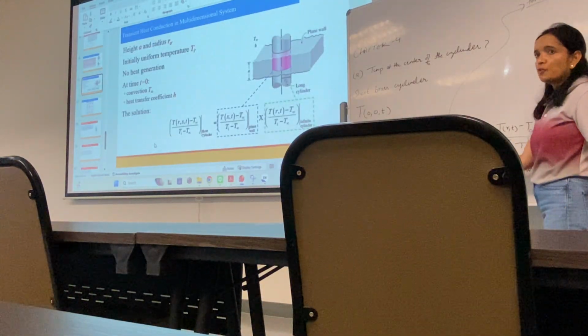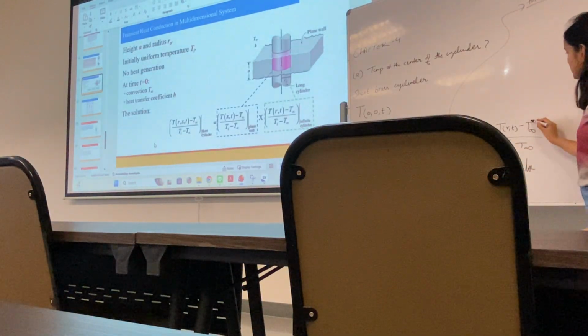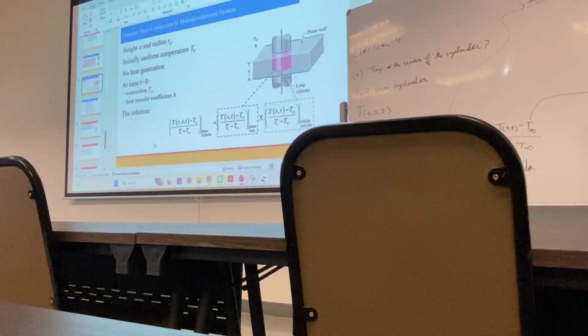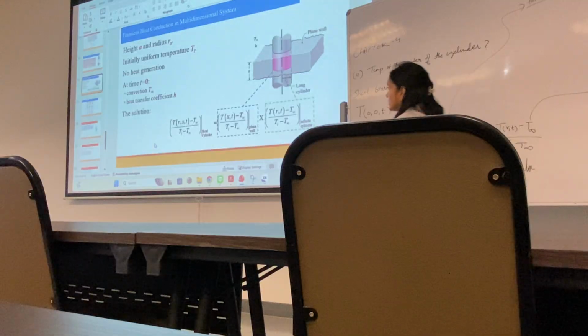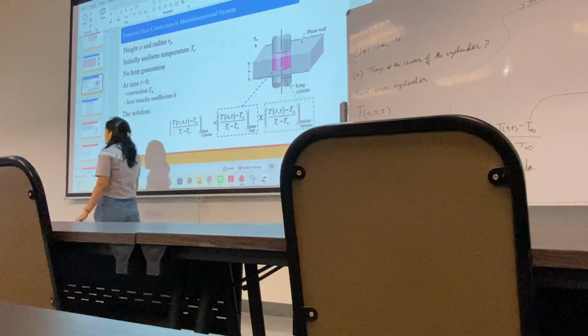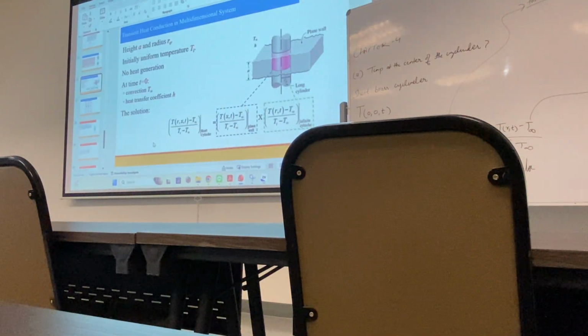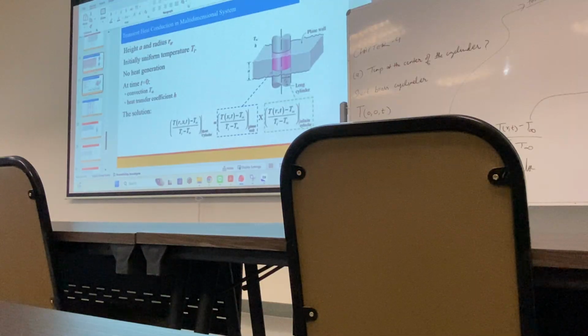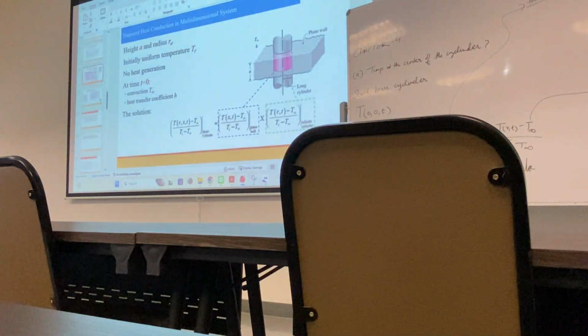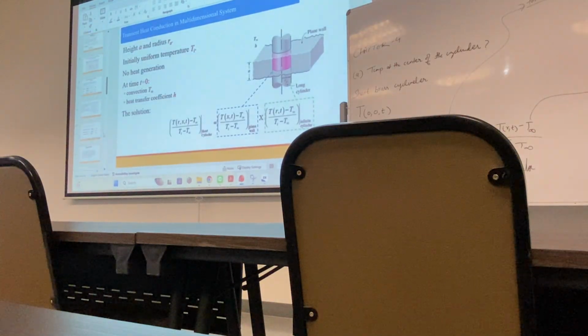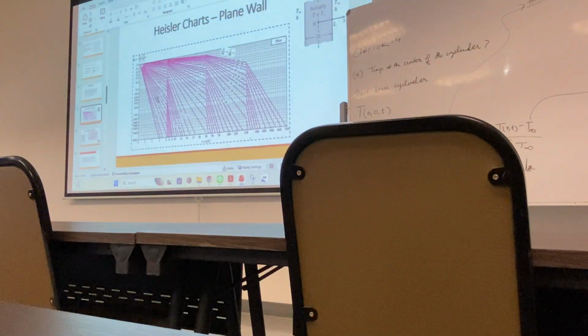We need this value for the plane wall and this value for the cylinder.